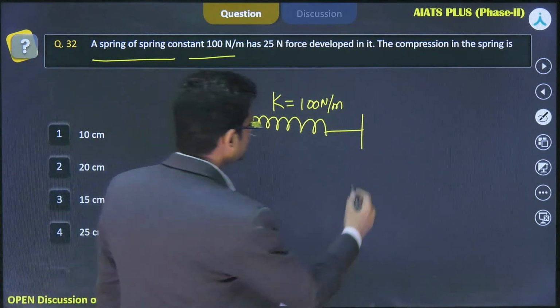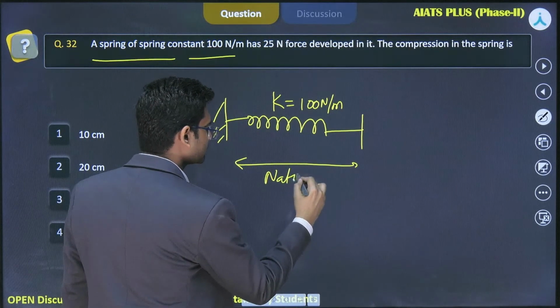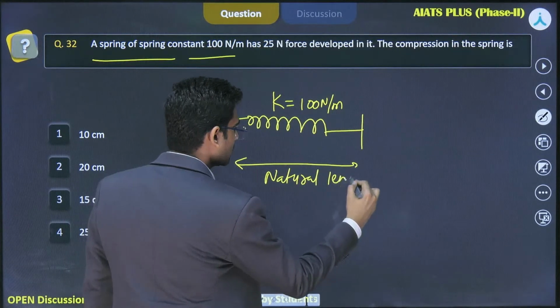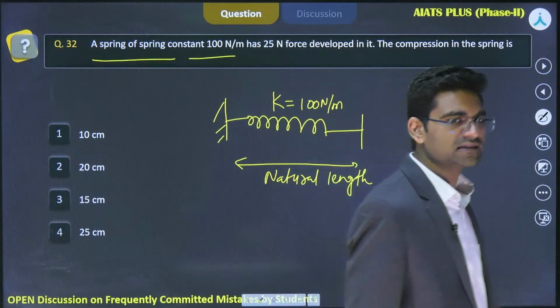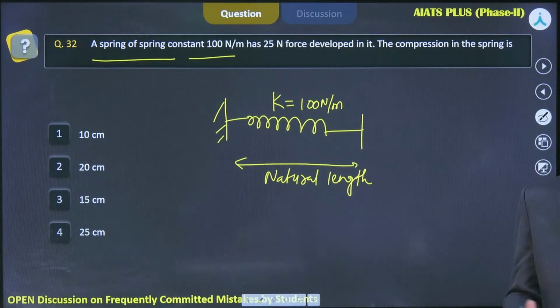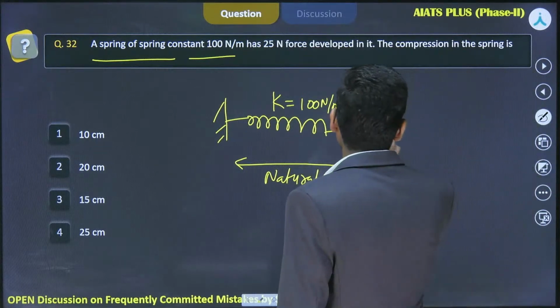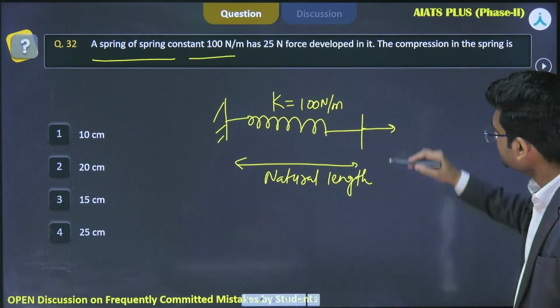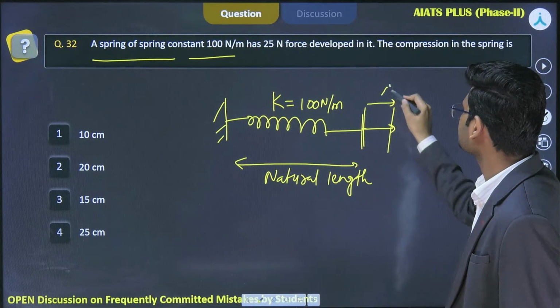Let's say this is the mean length or the natural length of this spring. In natural length, the spring exerts no force, neither compressing force nor tensile force. But if I extend it here, and it comes from this to this, let's say this is delta x.